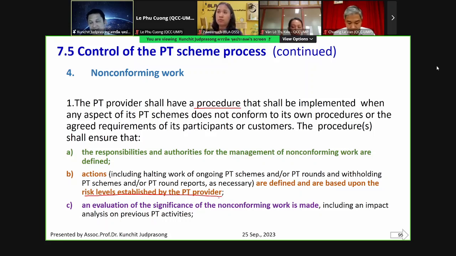Again, you can see the risk coming along in every department. This is what I mentioned to you many times: in the new version you have to identify and manage risk at every step, and the evaluation of the significance of non-conforming work is made. If you have any significant NC, you need to evaluate that it is already solved, that it is already fixed.